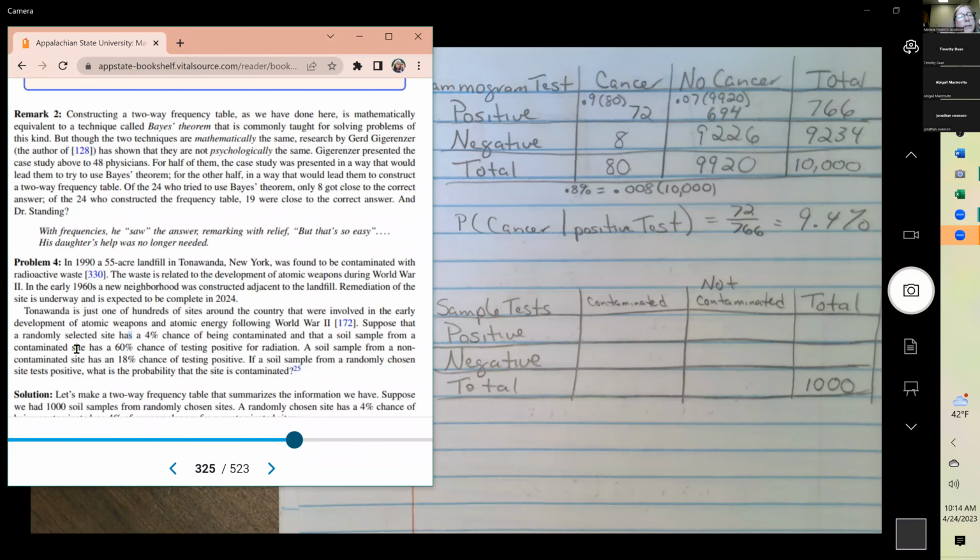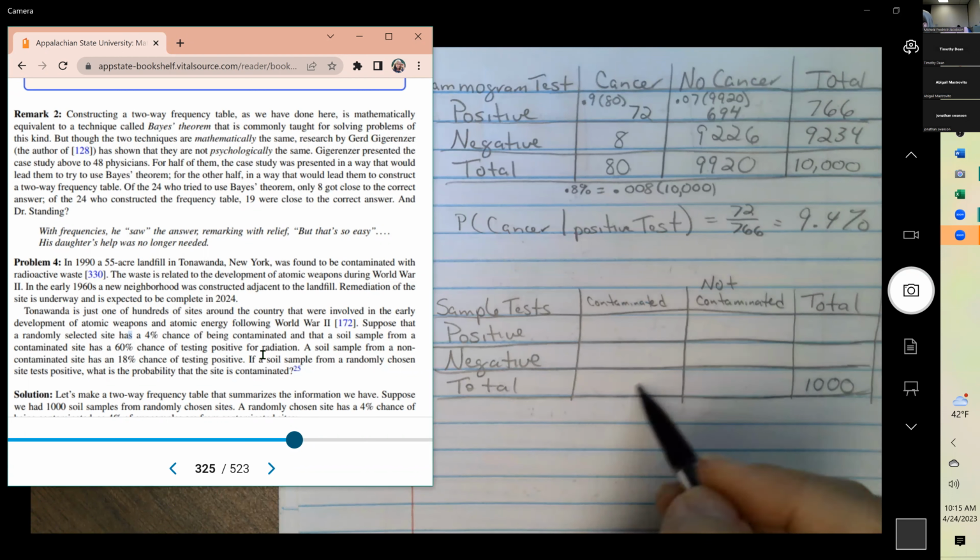Suppose that a randomly selected site has a 4% chance of being contaminated. So contamination is 4%.